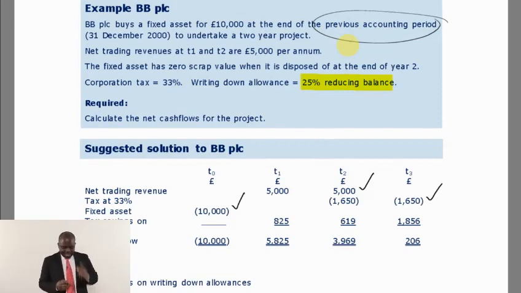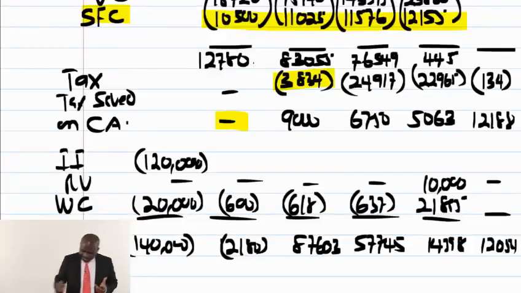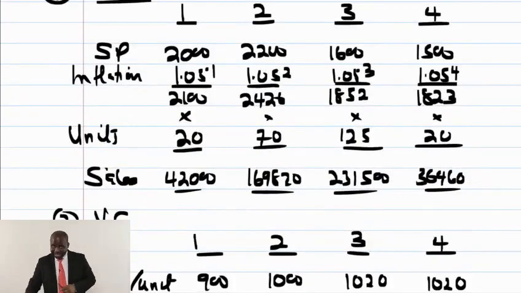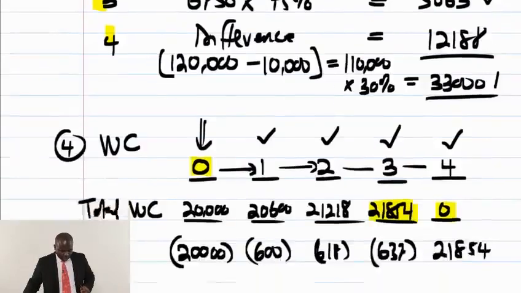Okay, so let's see how it's going to work. This is slightly more difficult than the ones we've been doing where we claim from year 1, because of what I'm going to explain. Because we started the project at the end of an accounting year, we're claiming the capital allowance from year 0.